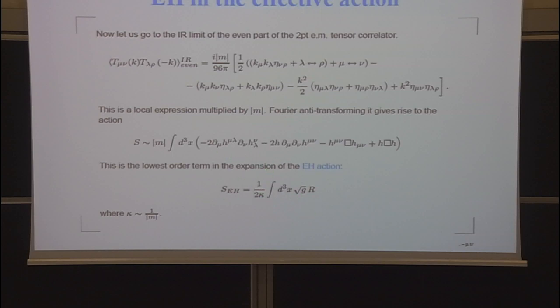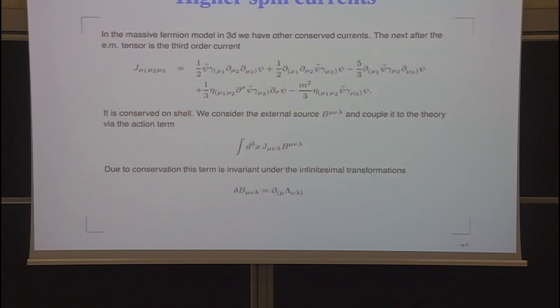So again, these are well known, and then one asks, but can we go on with this exercise? Let us consider there are other currents. It's very easy to construct conserved currents of higher orders, and these are the conserved currents for the third order symmetric tensor current, which we couple to an external field like we did for the gauge field and metric.